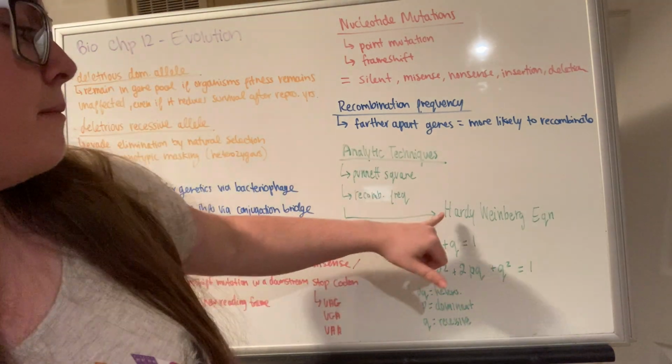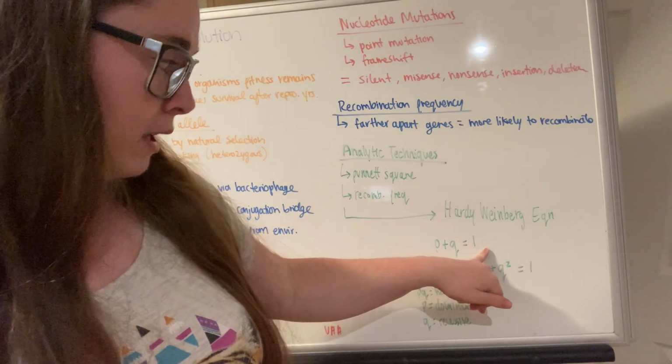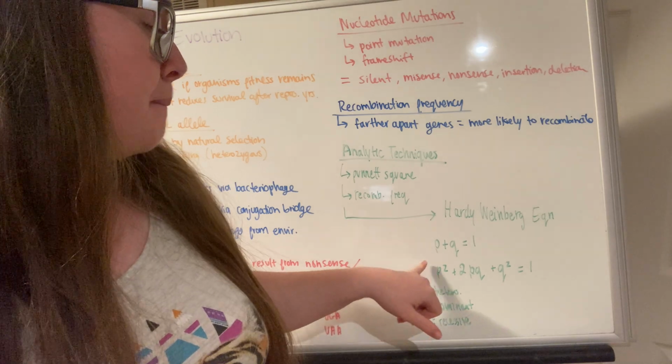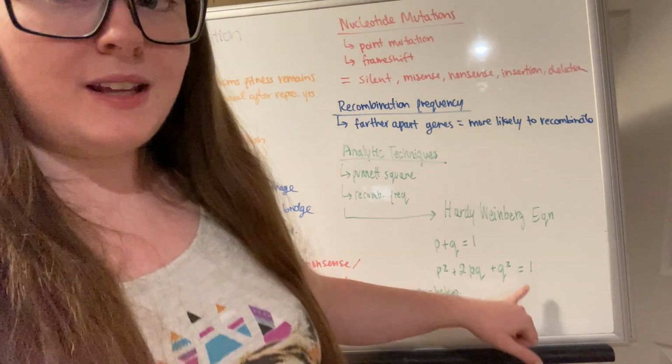So the Hardy-Weinberg equation says P plus Q equals 1, and then P squared plus 2PQ plus Q squared equals 1.